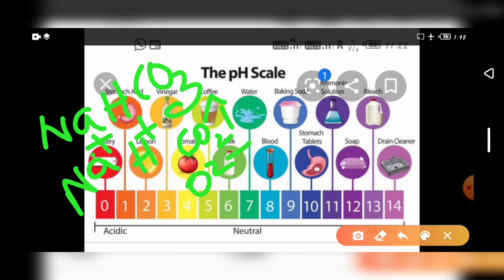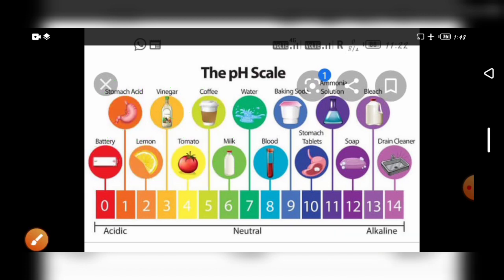It releases a lesser amount of H plus ions, so the OH minus ion will be increased, meaning it will be basic. So this solution contains basic substances. Okay, so the value is 9 and above.